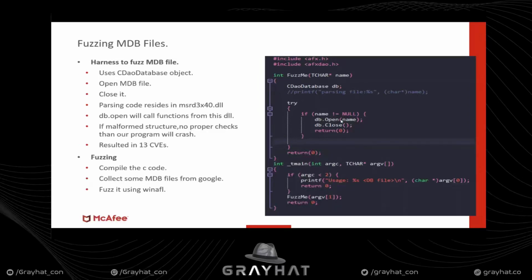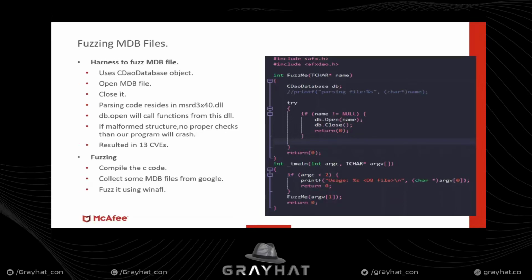When you do a db.open here for a particular file name, the functions from this DLL get called and they parse your mdb file, and that's where a lot of vulnerabilities were found. So if you want, you can compile this C code and collect some mdb files from Google, and now that you know how to use WinAFL, you can try fuzzing that and see if you can get any new crashes.